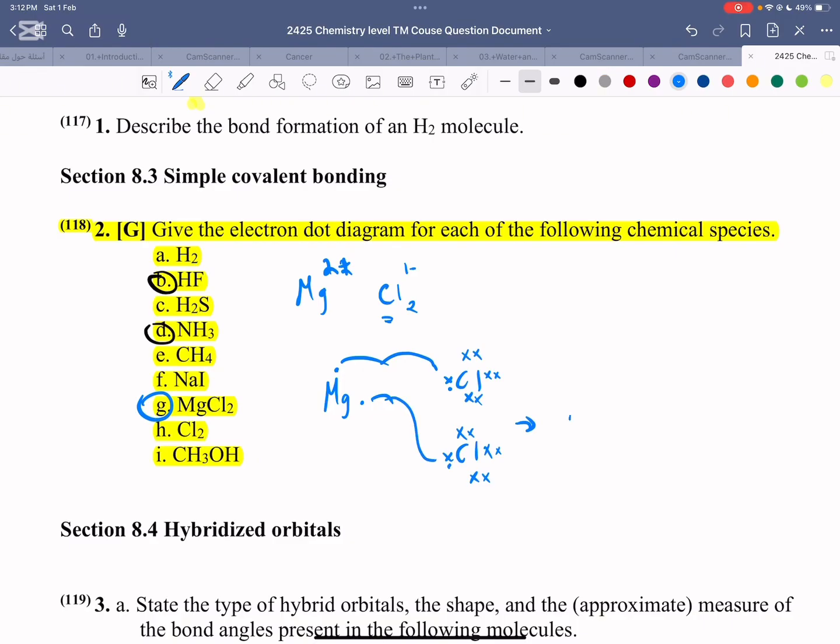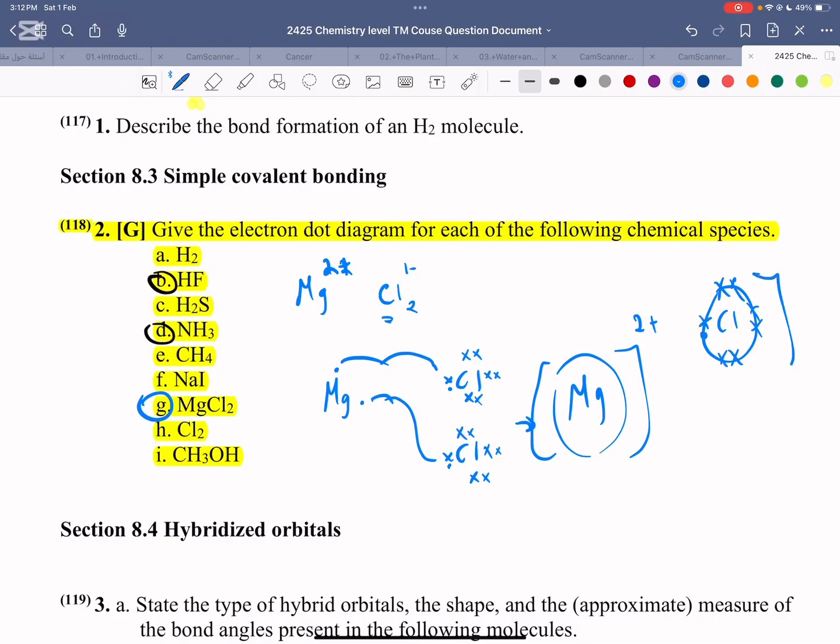So what will we have? We will have Mg 2 plus, and 2 chlorine atoms, which will be the same.